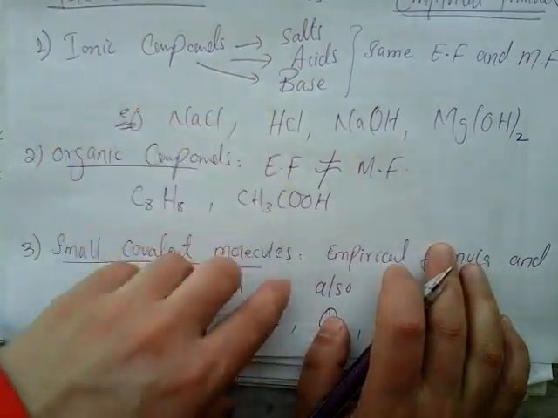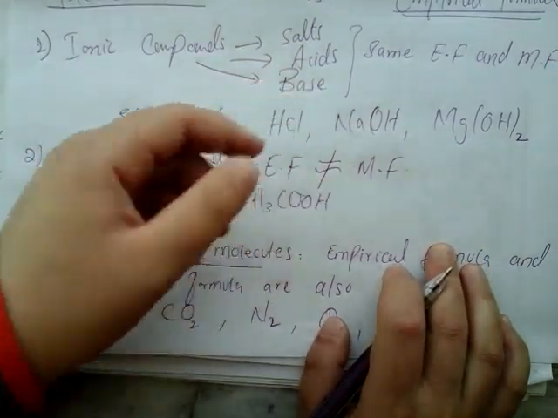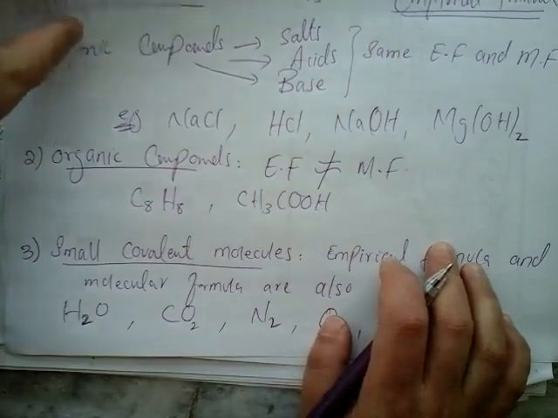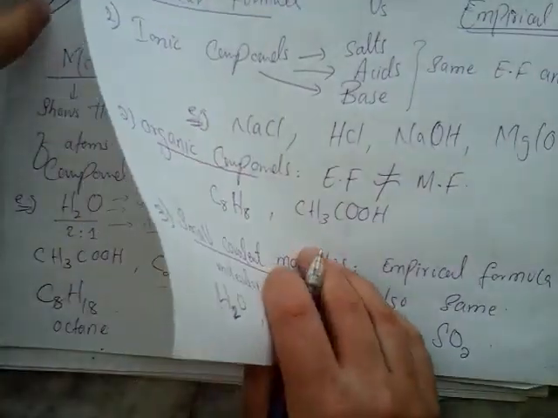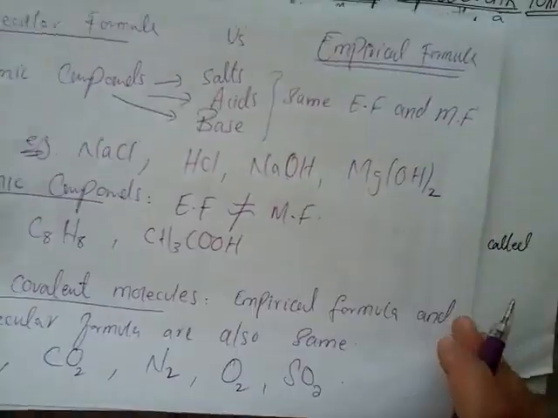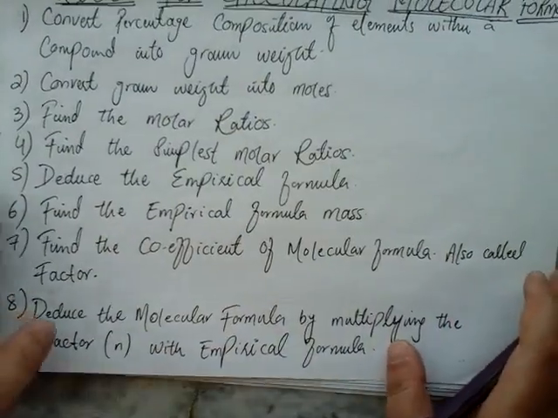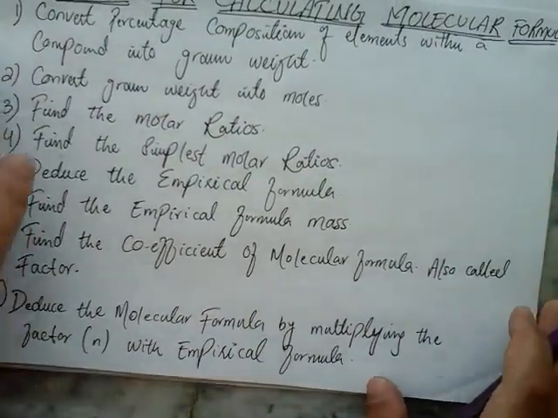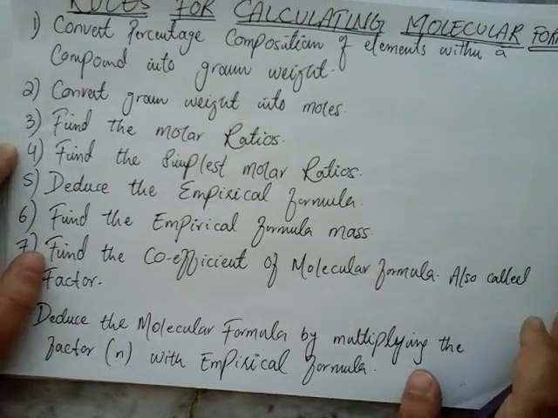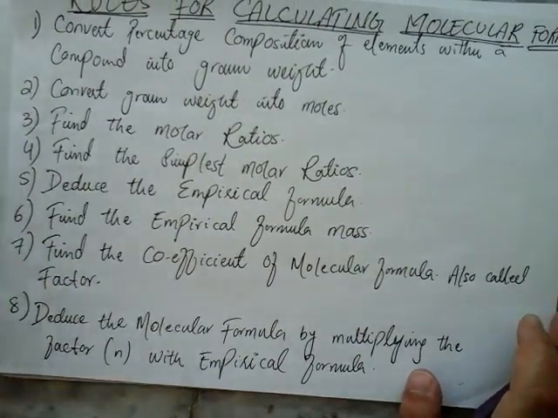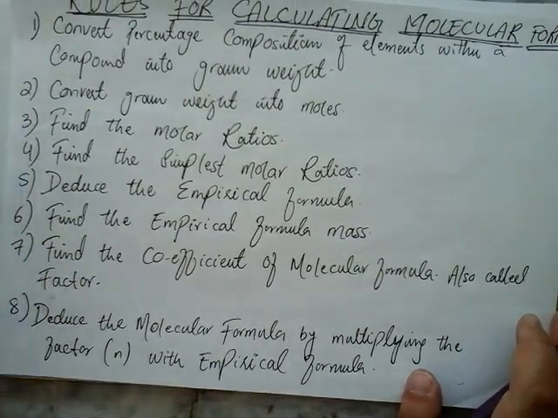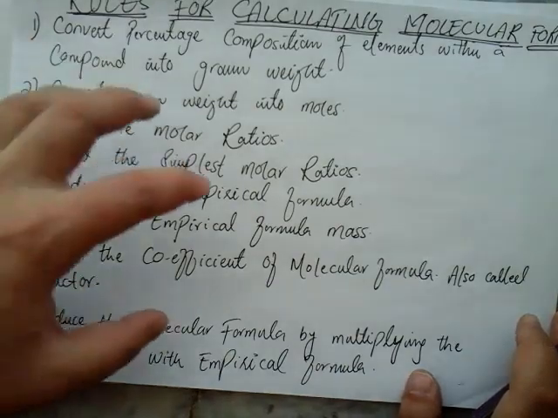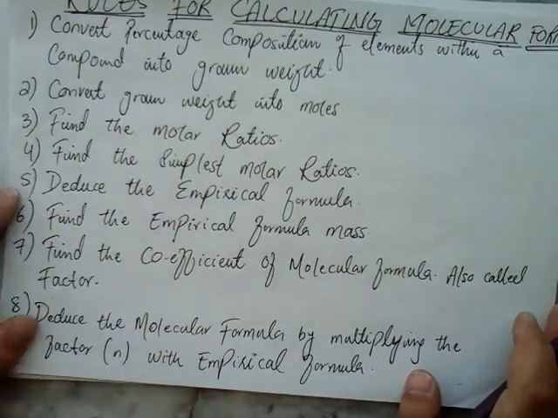Their examples are in your book. Before we go to the examples of calculating or reducing the formulas, we need to understand the rules for finding the molecular formula or empirical formula.